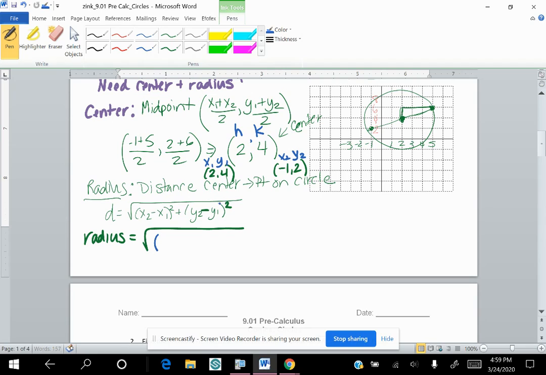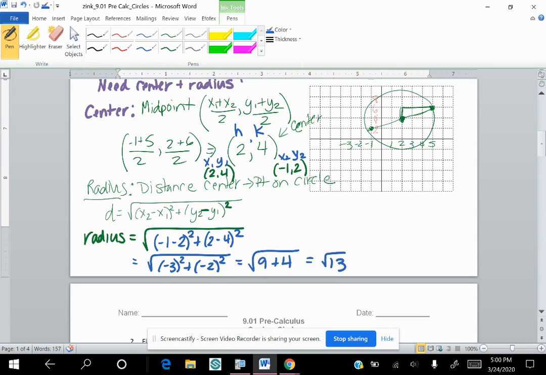So I take x2, which is -1, minus 2 quantity squared, plus 2 minus 4 quantity squared. That gives me (-3) squared plus (-2) squared. Since they're negative, make sure those are in parentheses. 9 and 4 gives me root 13.